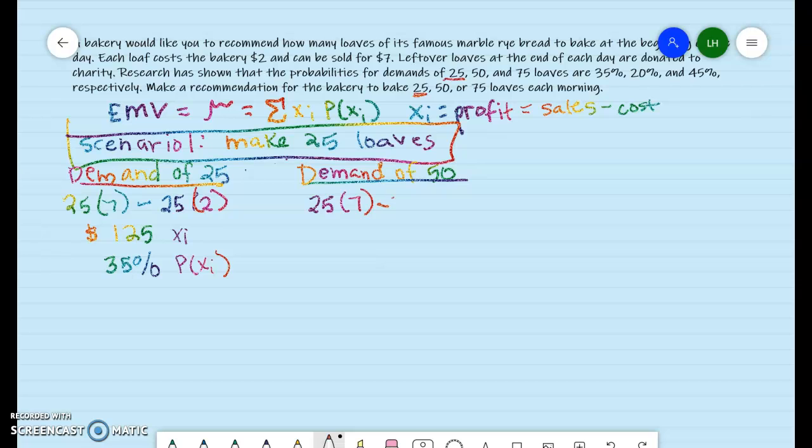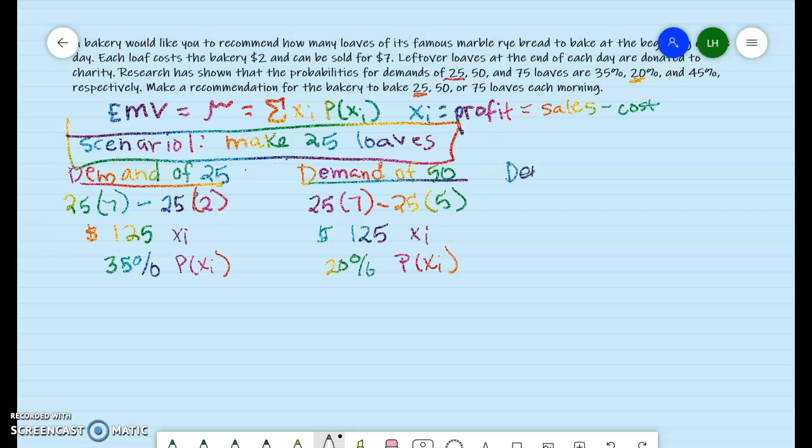Minus, we only made 25 loaves, so we only have the cost of 25 loaves. So that's basically going to be still 125, because that's all we can make. And that is xi, and then the probability here, it says it was 20%.